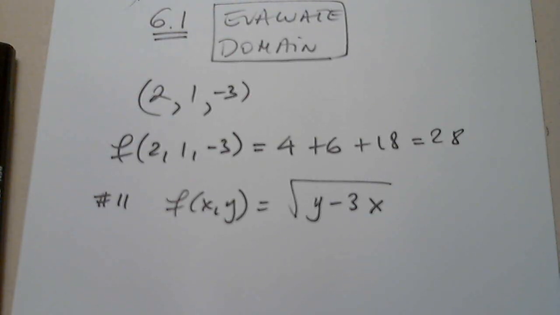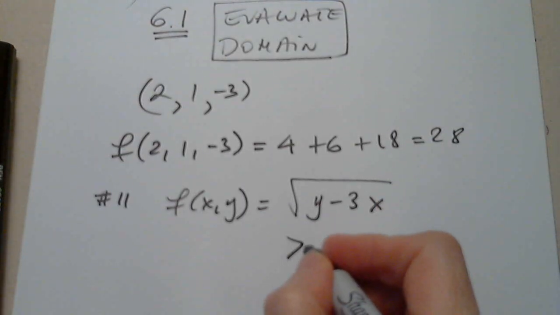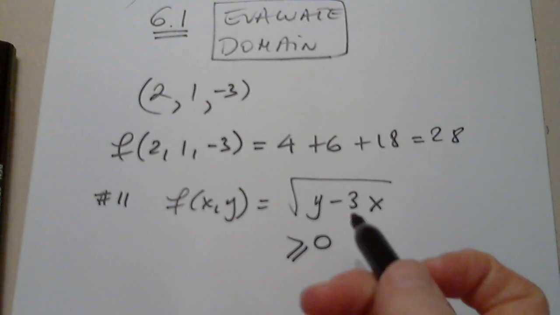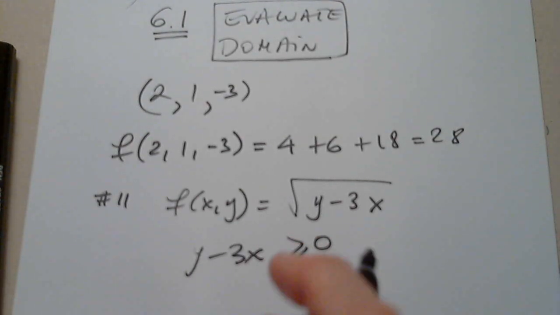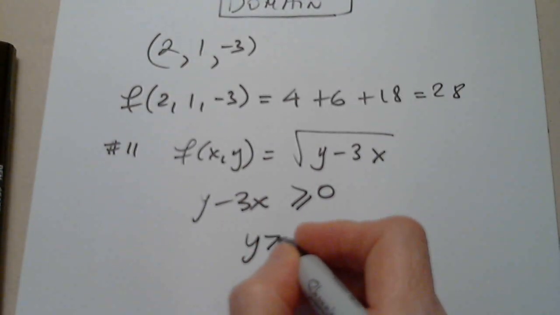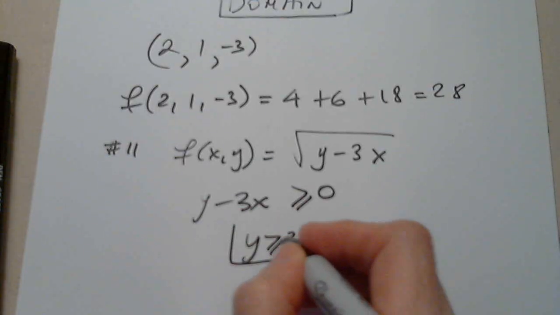For any square root, what do I have to write? Is it that it's greater than 0? Yes, or equal to, but what? What's under the root? Exactly, y minus 3x. And this is it. You can move 3x to the other side if you want. There is nothing else you can do to this.